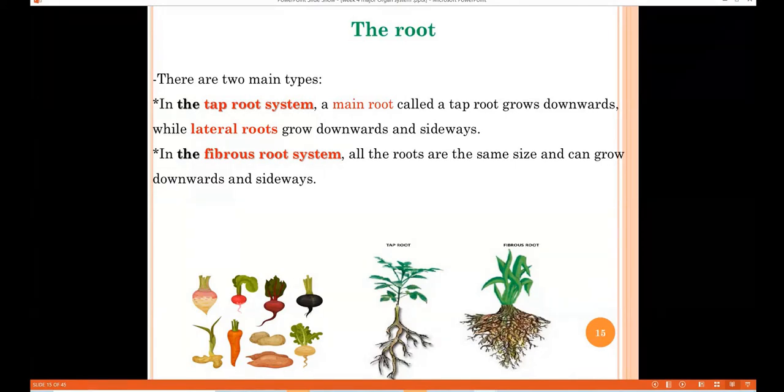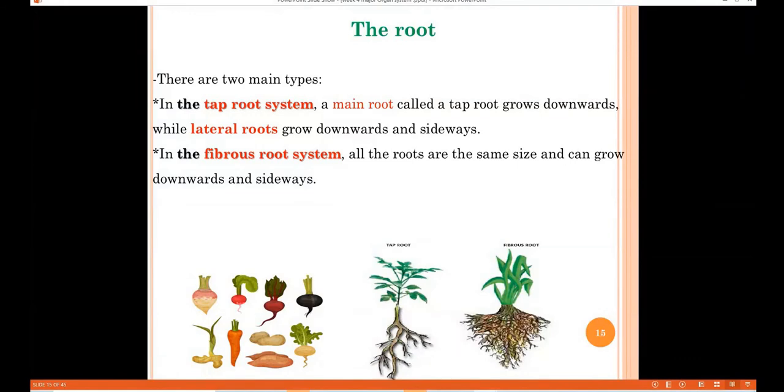And what are the examples of fibrous roots? Okay, the fibrous root vegetables are maybe spring onions. The various grasses, wheat, rice, and rosemary, coconut. All these are examples of fibrous roots.